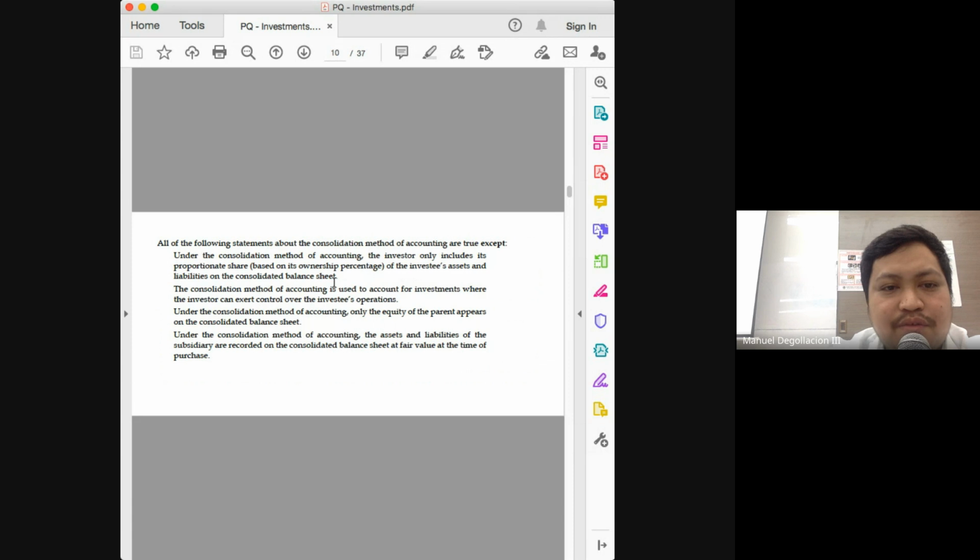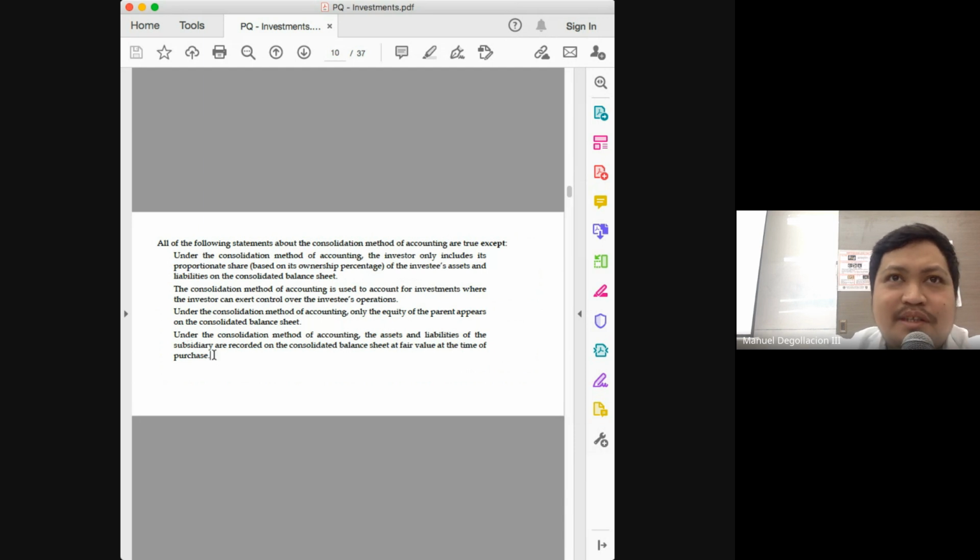The consolidation method of accounting is used to account for investments where the investor can exert control. Very easy, true statement. Next, under the consolidation method of accounting, only the equity of the parent appears. This is true. You just had your business combination class last semester, correct? So you're an expert in the consolidation method.